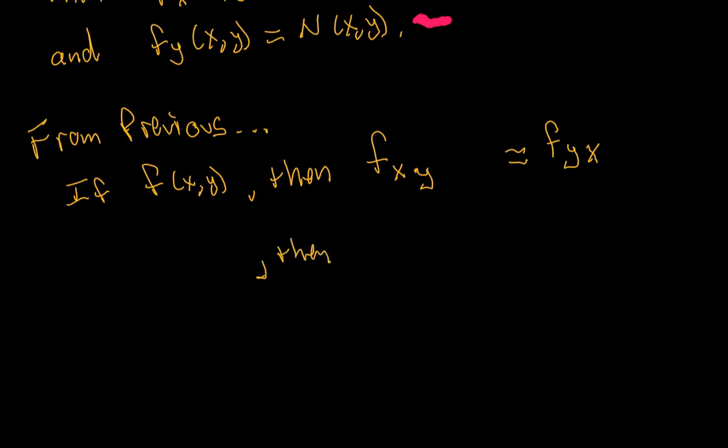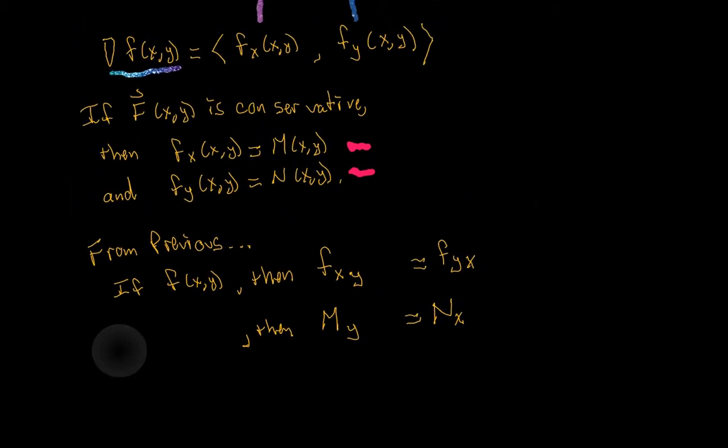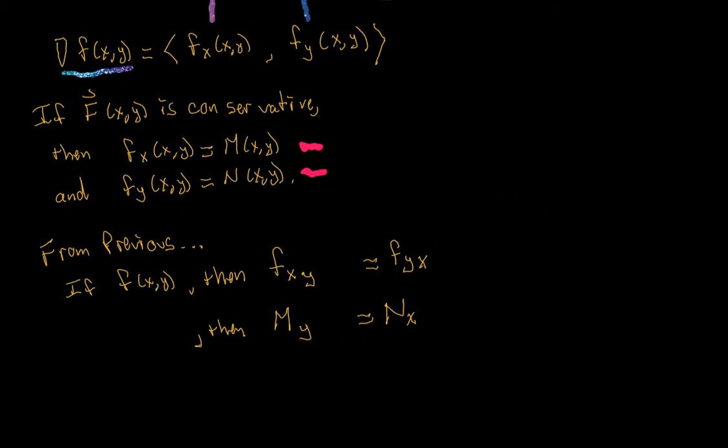That means if we started with M, which is the x partial derivative, and take its y derivative, that would be equal to if we started with N and then followed it with its x derivative. So we'd have to scroll through the last few phrases to see all that connecting together from what we had at the very beginning, where you can see the red highlights here, which are now going to be some green to go with it.